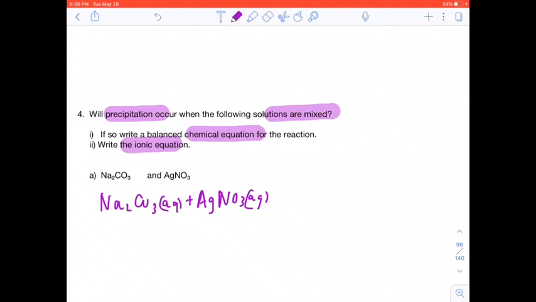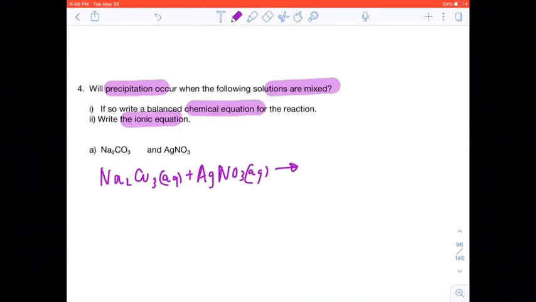Right? And when we exchange partners and look at the products, then we got Ag2CO3, which gives us a solid, plus NaNO3 aqueous.